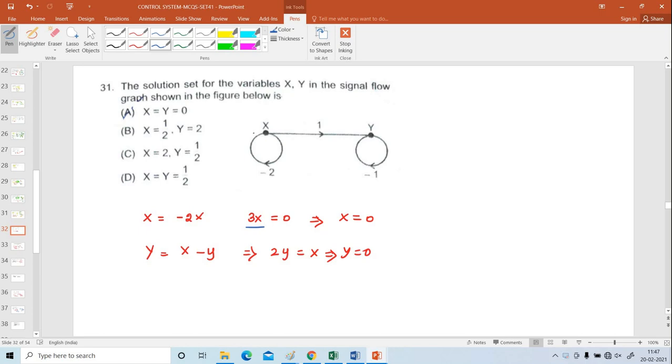This is a self loop. 3x equal to 0 and x is equal to 0. In a similar manner, y is equal to x into 1, so x minus y. So 2y equal to x and y is equal to 0. The option x equal to 0 and y equal to 0 is the correct answer.